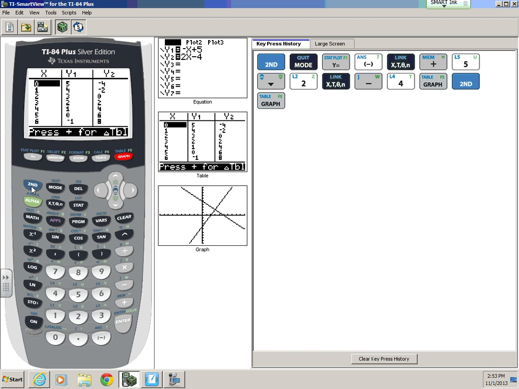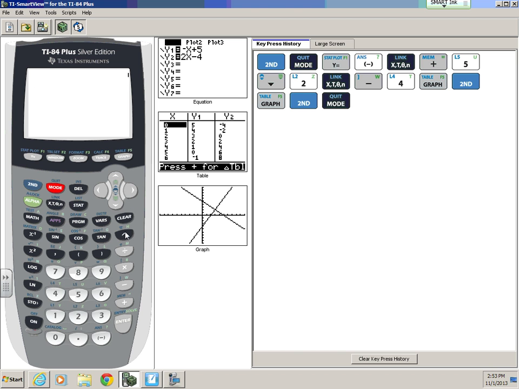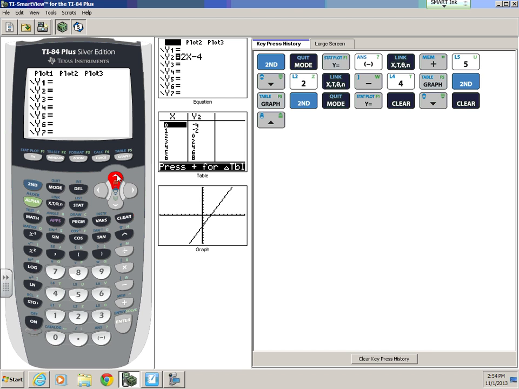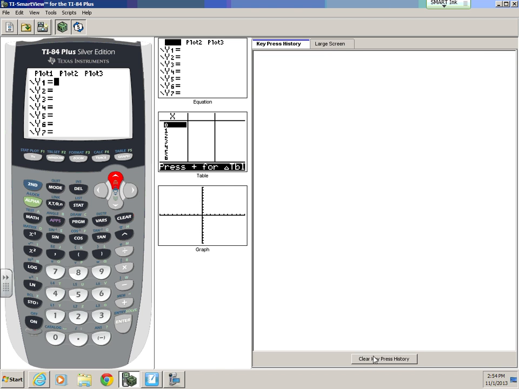So I'm going to press second quit. I'm going to go to y equals and clear each equation, moving my cursor to where the equation is. I'm going to clear my history here so I have some room to work.